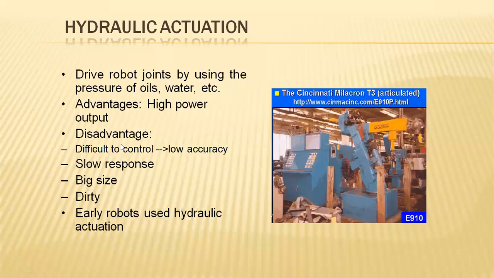But there are some disadvantages. They are difficult to control, which leads to low accuracy and slow response; slowly it lifts and slowly it contracts upon piston and cylinder movements.